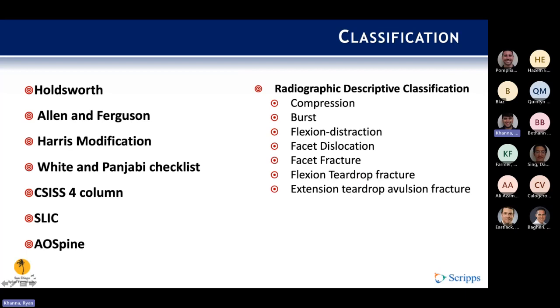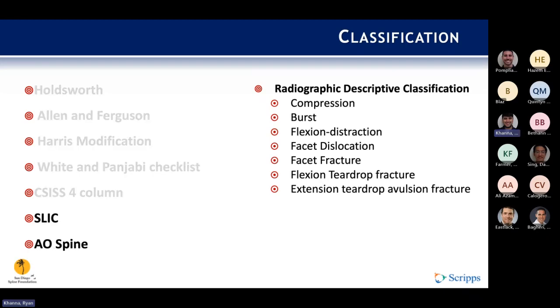Most of these are centered around trying to classify the mechanism of injury: compression, burst, flexion distraction, facet dislocation, facet fracture, flexion teardrop, and extension teardrop. Most of these classifications involve some sort of radiographic descriptive classification of the mechanism of the trauma. Because these injuries are so heterogeneous, it can be difficult, which is why there are so many different classification systems. So today I'll just focus on the last two.